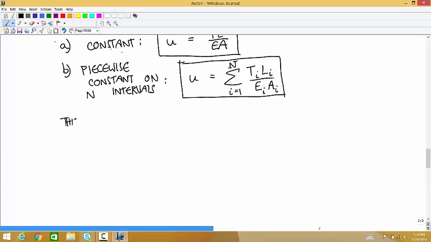This approach also works for non-prismatic beams, as long as the cross-section doesn't change very fast.